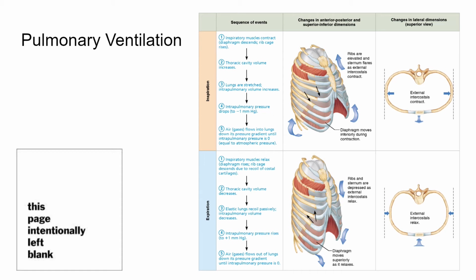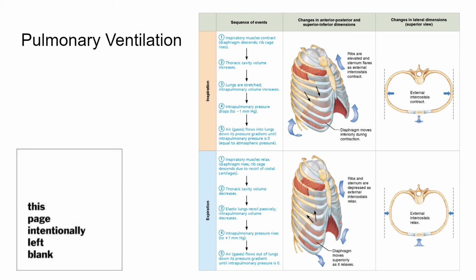For inspiration, if you look here at the top section, inspiration is an active thing. It doesn't happen passively. The diaphragm contracts, and you can see how the diaphragm sits in here. When it contracts, it flattens out, which increases the volume of the thoracic cavity.